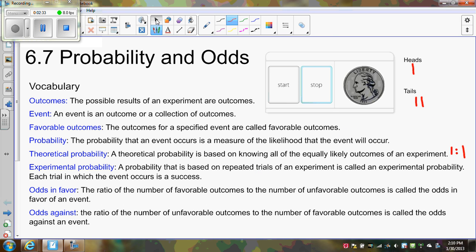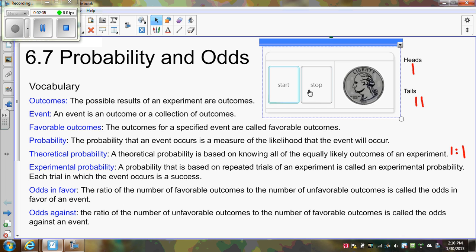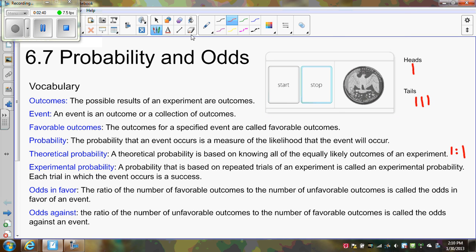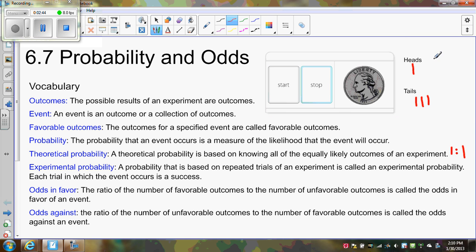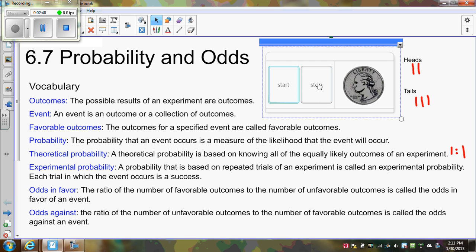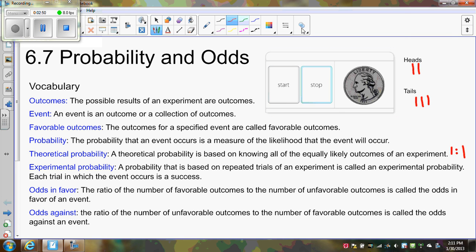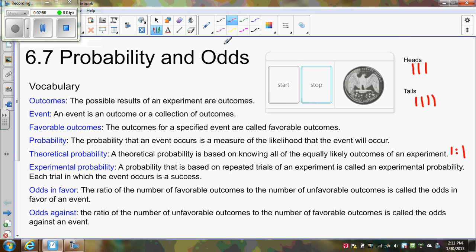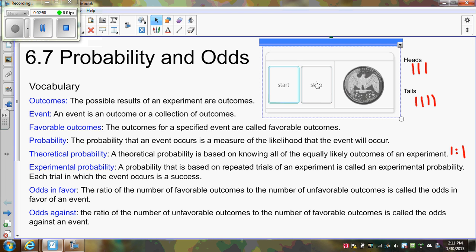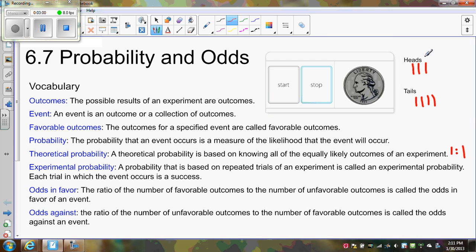So in this case, if we do this a few more times, we got a tails. Let's do it again. We got a heads. Heads. Tails. We'll do it 10 times quickly. Heads.